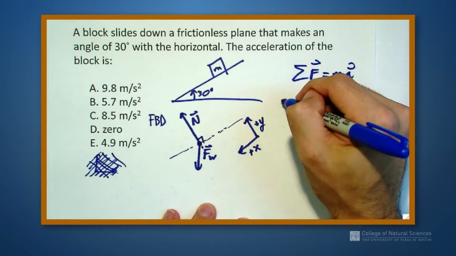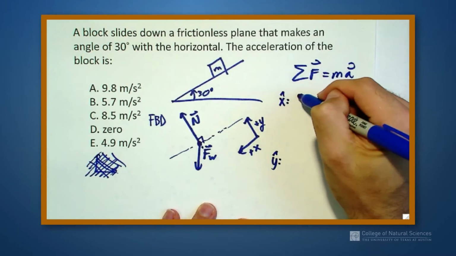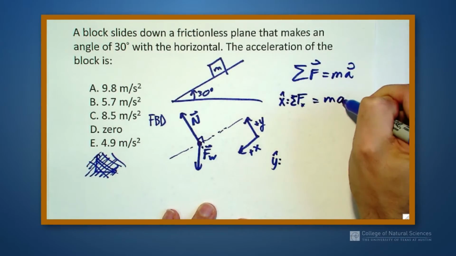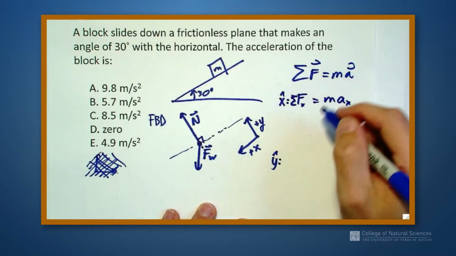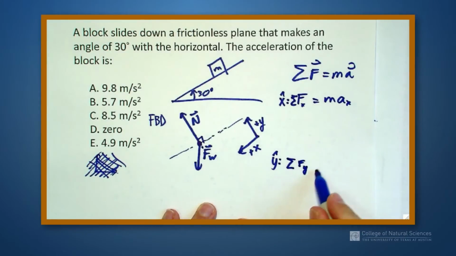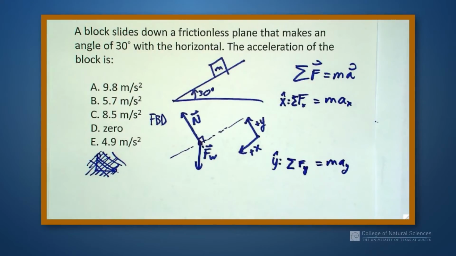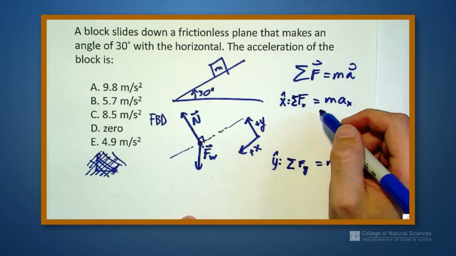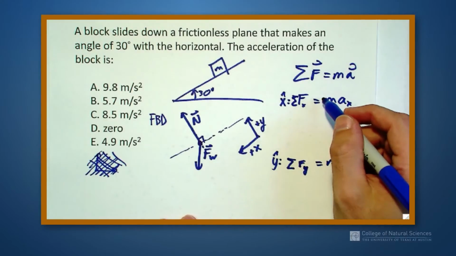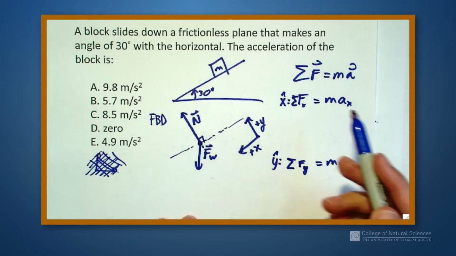All right, so again, I have both an x component and a y component to do this. So I need my sigma F in the x direction is going to give me an acceleration in the x direction. And similarly, I'll add up all my forces in the y direction, and it's going to give me acceleration in the y direction. Okay, so let's look at the x direction. We need to add up all of our forces in the x direction. So I'm going to start here, go around. I hit a normal force.